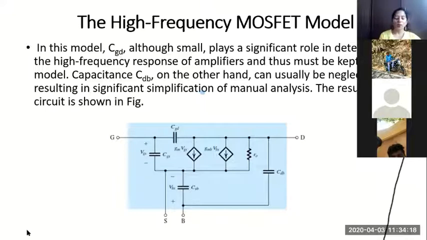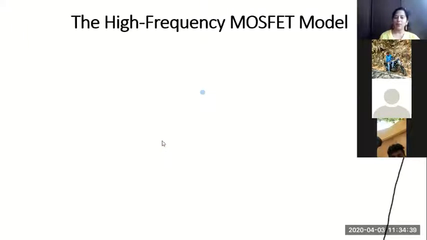So normally we try to simplify this model. The easiest way to simplify this model is to short the source and the substrate terminals. If you short the source and substrate terminals, I'll show you the simplified model in the next case.